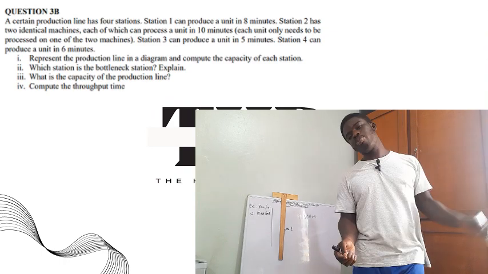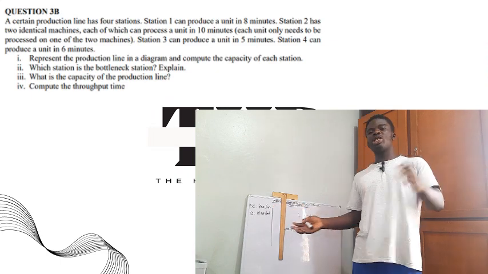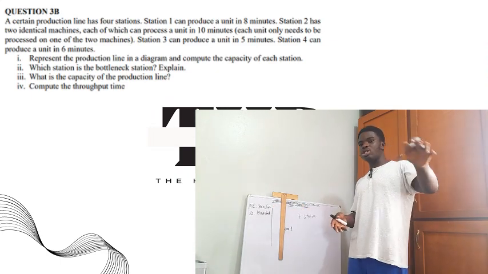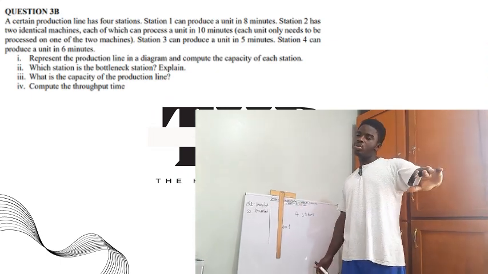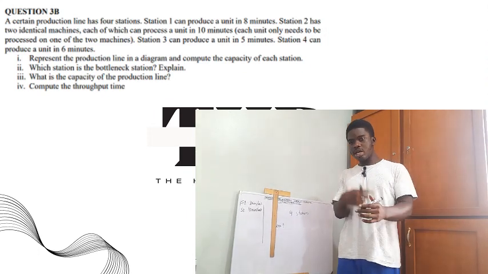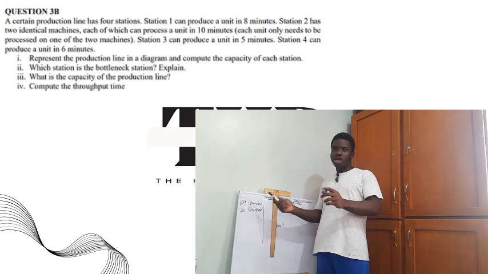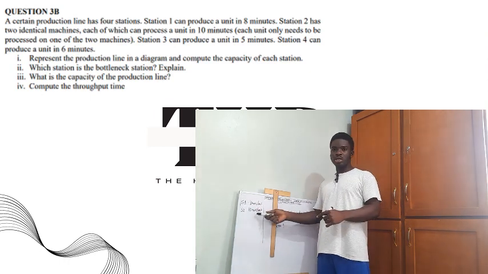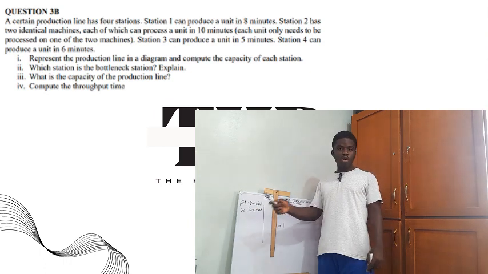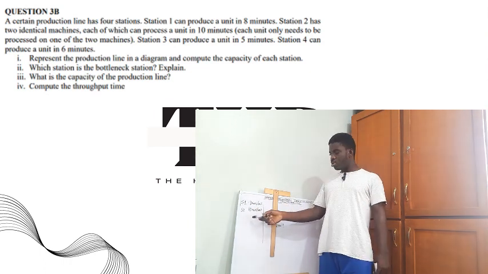And so the machines are parallel. They're not processing one unit together. Each machine is producing a unit in 10 minutes, so it's just the 10 minutes, because they're not working together. For station 2, we're not going to do 10 plus 10. It will just be 10 minutes.